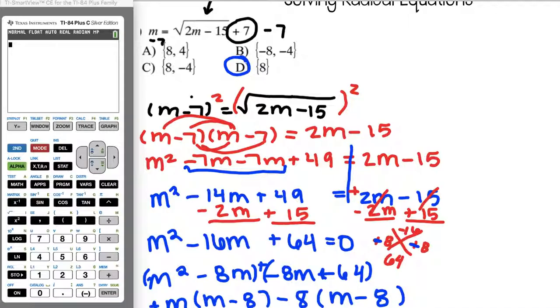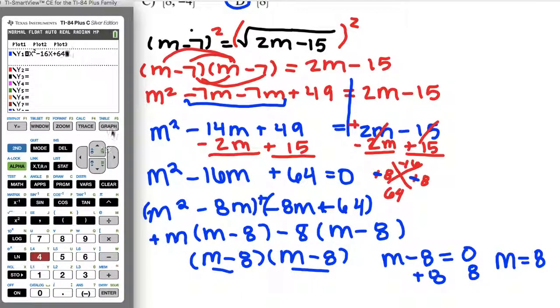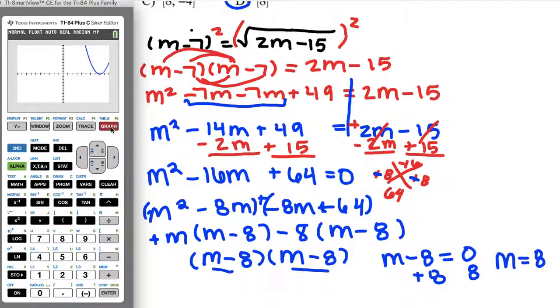All right, let me show you how to check it in the calculator. So we got down to this part right here. Actually, I'm sorry, this part right here, and we were factoring too much. So at this point, what I could do is take this and put it in my graphing calculator, and I could say x squared minus 16x plus 64, and I could hit graph and see where it touches the x-axis.